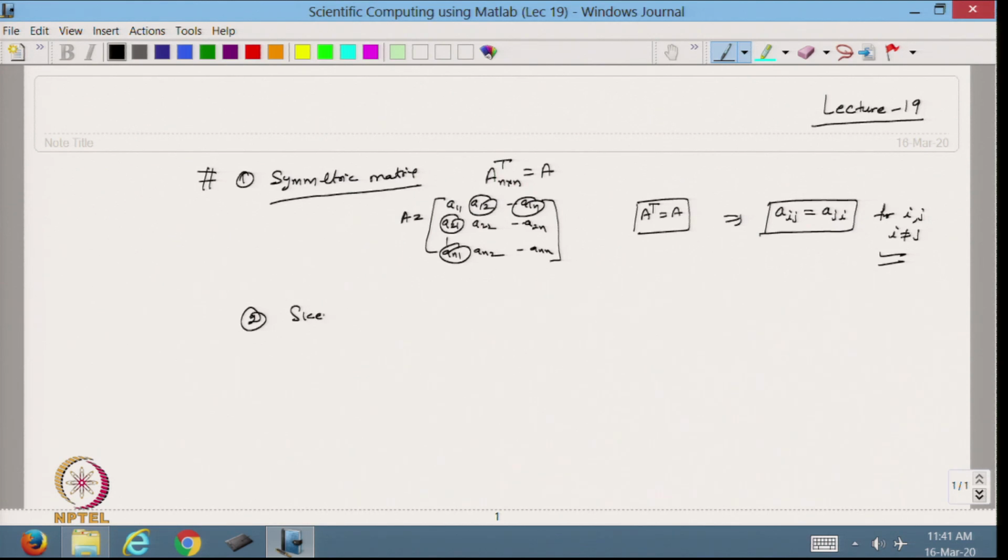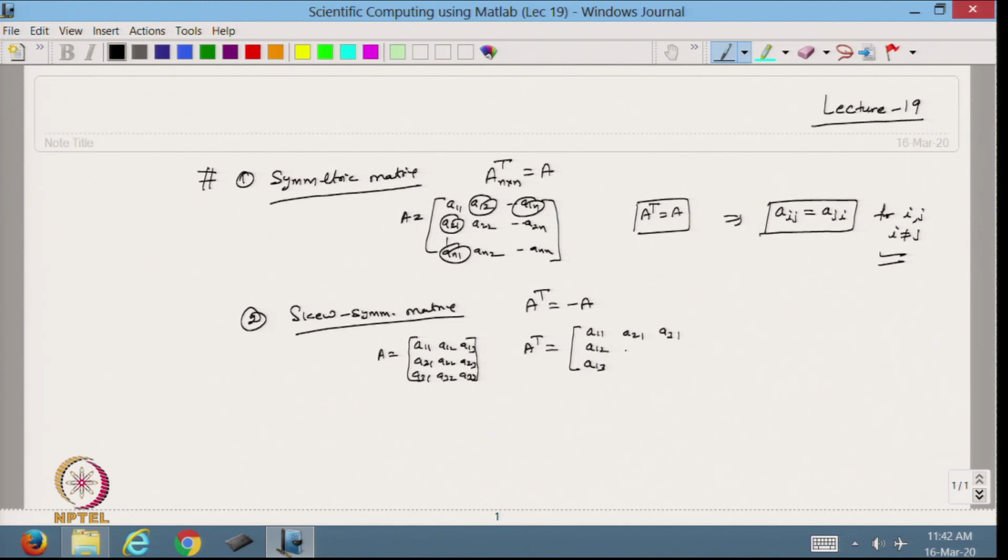The second one is what we call skew symmetric. In the skew symmetric matrix everything is the same, the only condition is that A transpose is equal to minus A. Suppose I have a matrix A, I just take the 3 by 3 matrix with entries A11, A12, A13, A21, A22, A23, A31, A32, A33, and then I take its transpose.